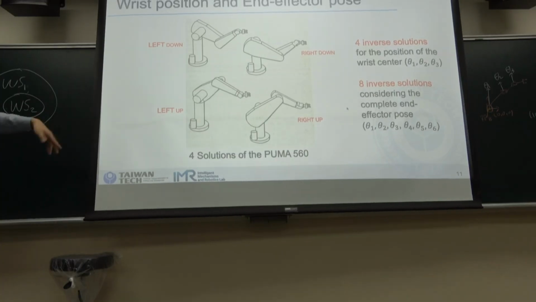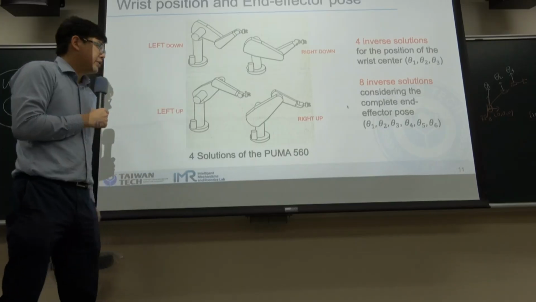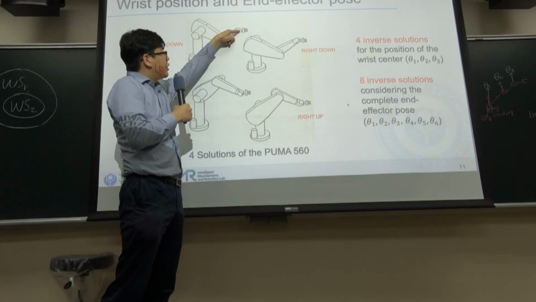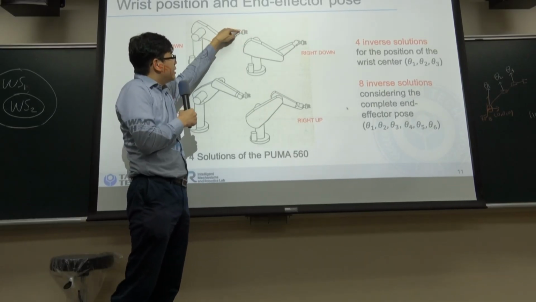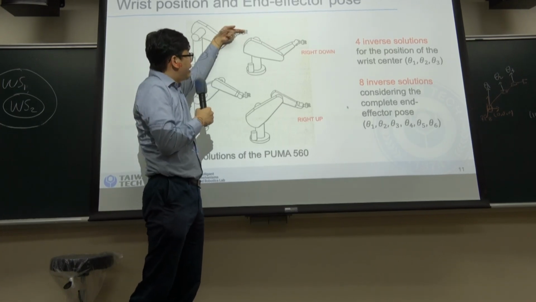And next, we'll be introducing the inverse kinematic solutions. So you can see the configuration of the position of this end effector is here, and the direction is aiming in this direction.